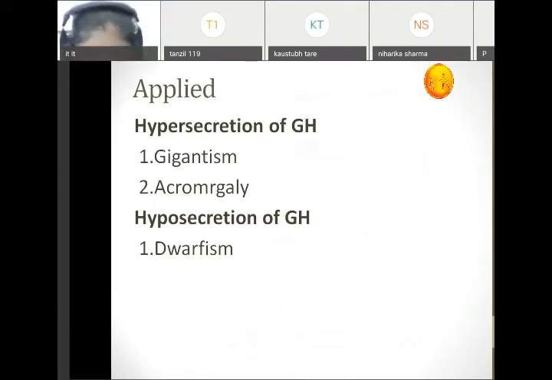Now, this applied part is very, very important. Write down, whenever there is hypersecretion of growth hormone, two conditions are there. One is giantism, second is acromegaly.